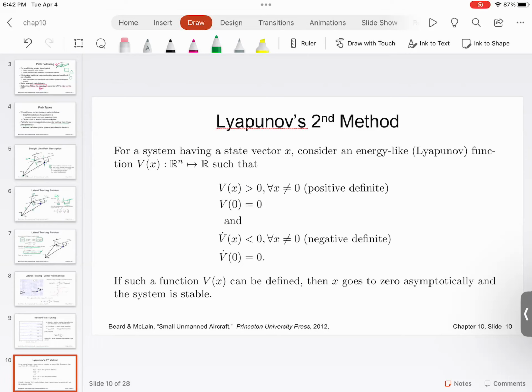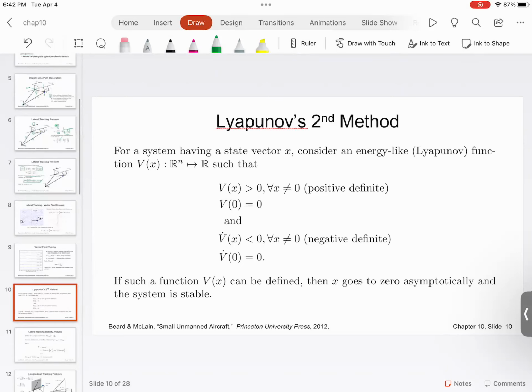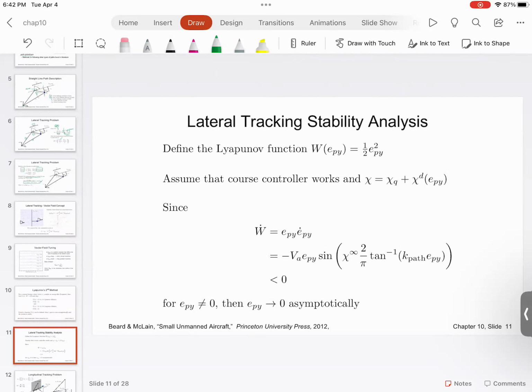If you can find an energy function, and if that energy function's derivative is going to 0, then you can say that consequently the error is going to 0, or the total energy is going to 0, and so on and so forth. So the tracking problem can be defined in terms of a Lyapunov function.